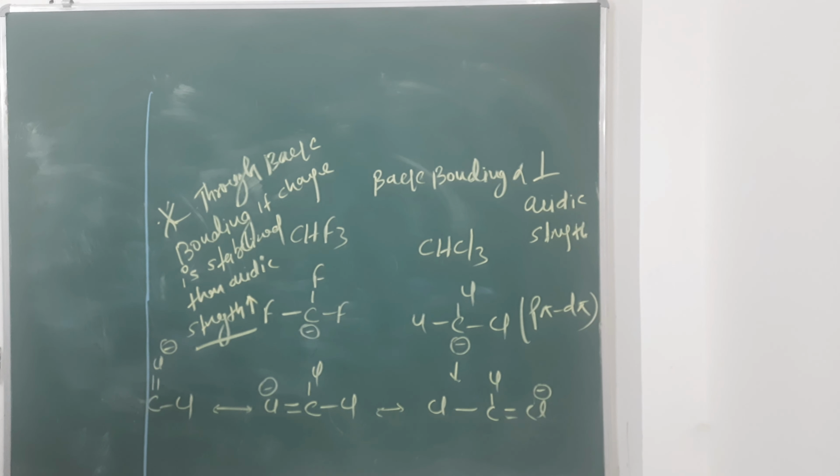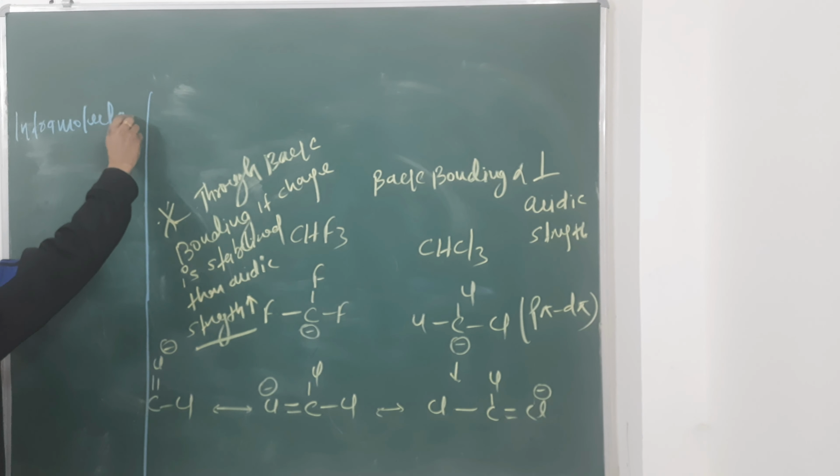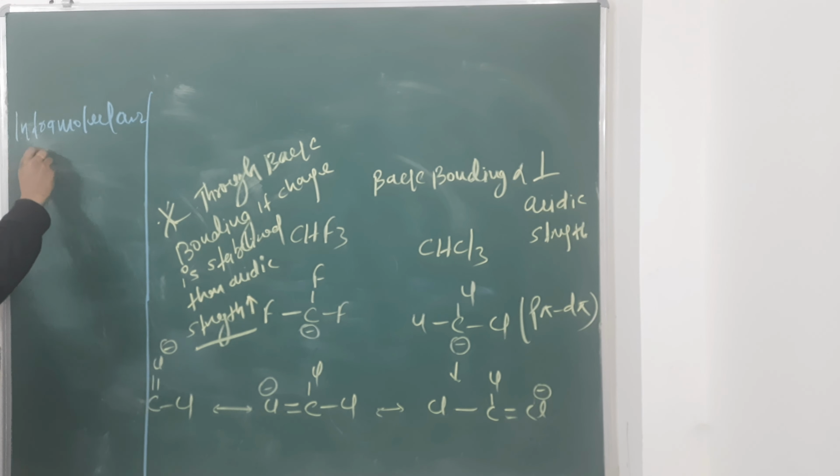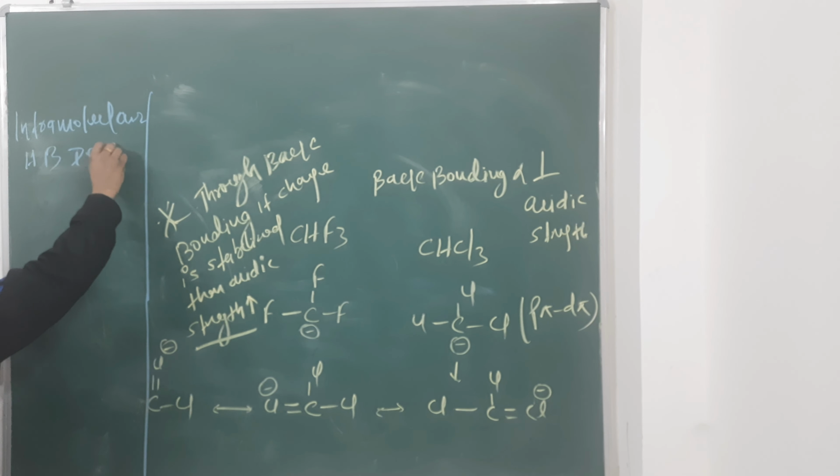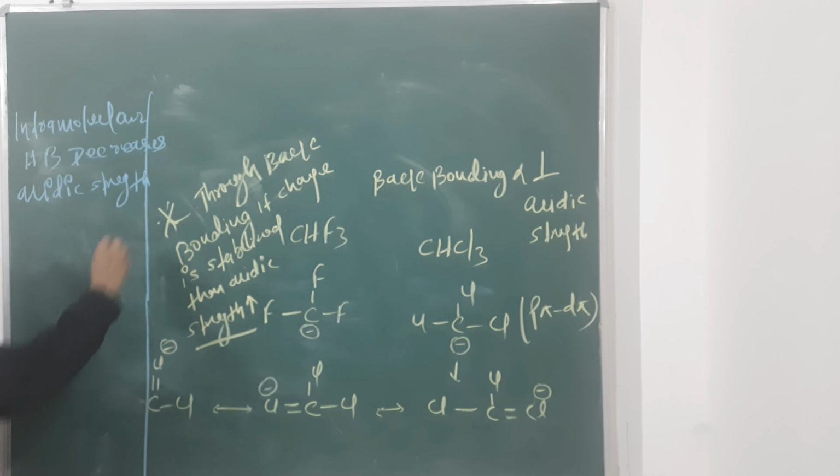Now, intramolecular hydrogen bonding decreases acidic strength. Correct?